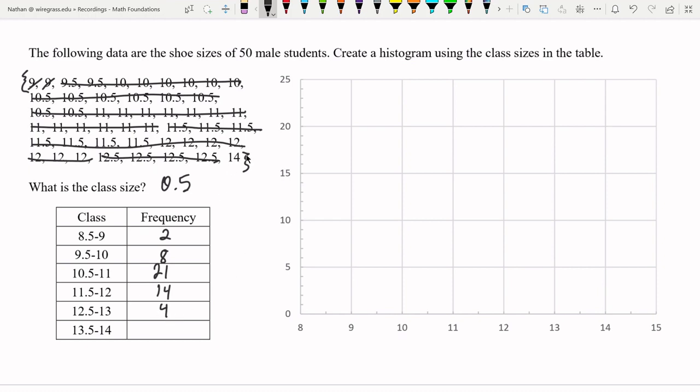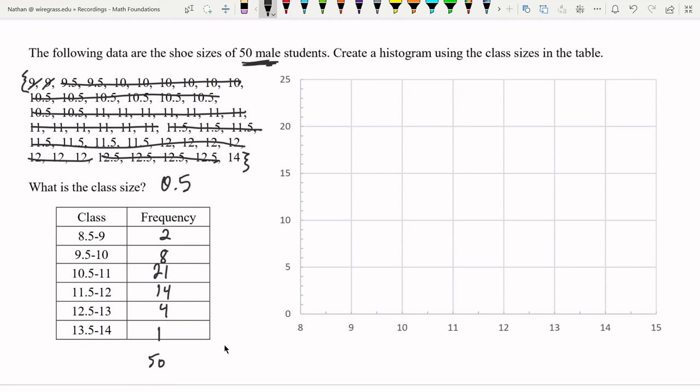And finally, 13.5 to 14 is only 1 in that class range. Now, a good way to check this is that we know that there are going to be 50 male students, so we should have 50 numbers in total here. So let's just double check that. And I do indeed get 50 when I add all the way down the frequencies, so I'm fairly confident I didn't miss anything.